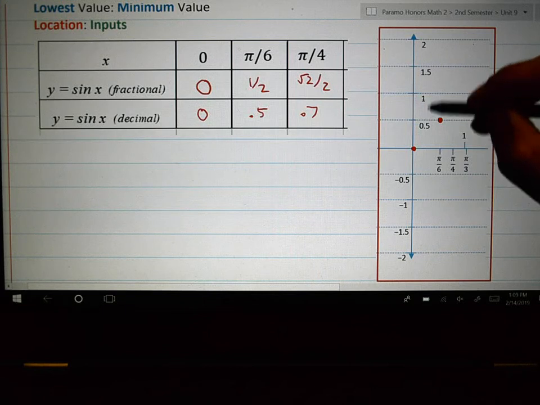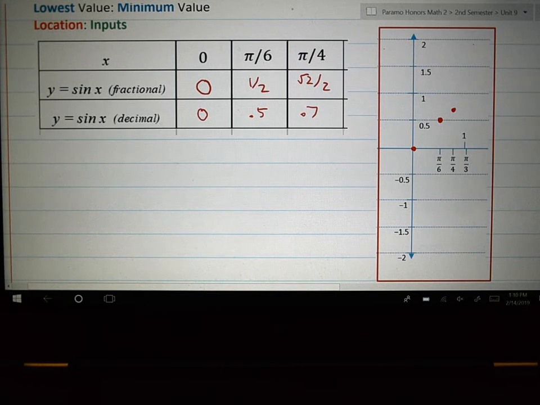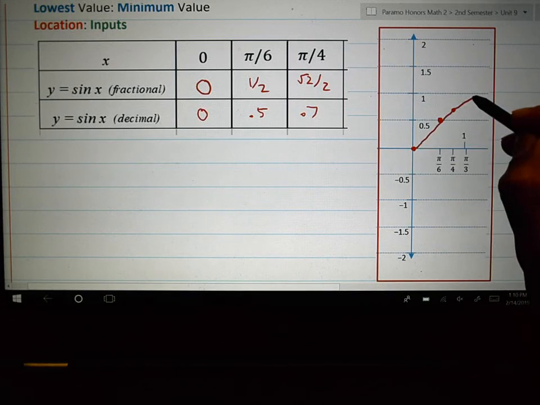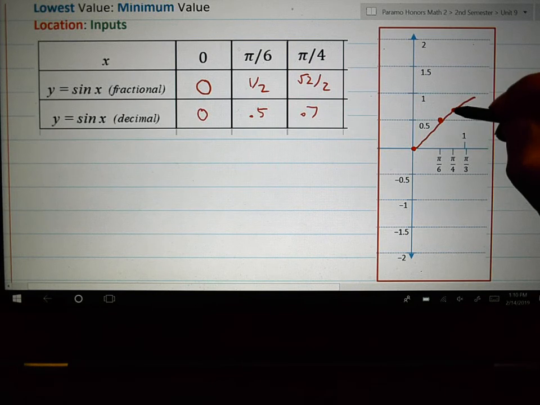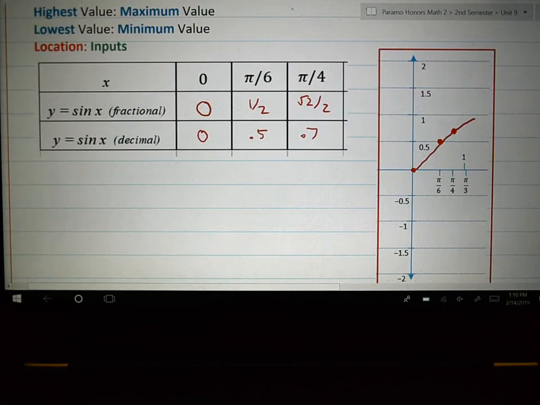You're going to have to guesstimate. 0.7 is a little less than halfway between 0.5 and 1, but right above pi over 4, you put a dot. And so on, you're going to end up with a bunch of dots, and eventually it's going to tell you to connect the dots in this fashion. You'll figure that out, and then you will answer a variety of questions in the worksheet. Don't forget to read the worksheet. It tells you basically what to do. And that is where we're going to end our notes.